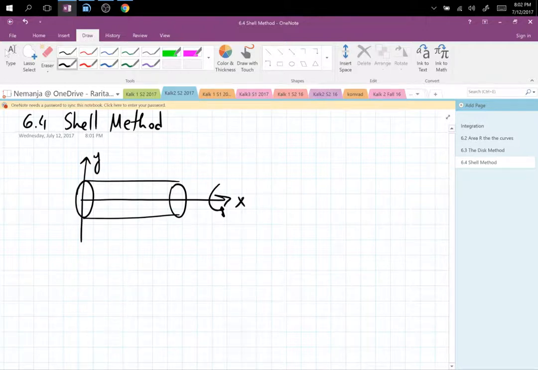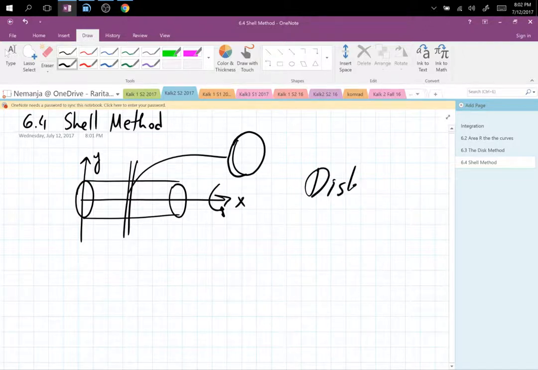If I cut this way and take the piece out, it's going to be a disk. So it was called the disk method. If it had a hole inside, it was called the washer because material was on the outside and there was a hole in the middle.